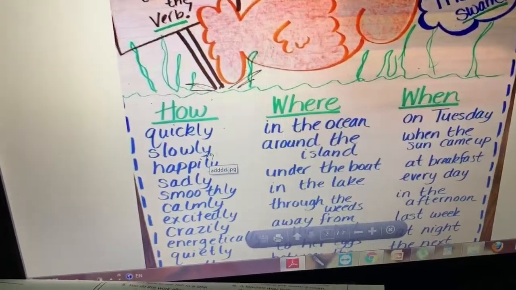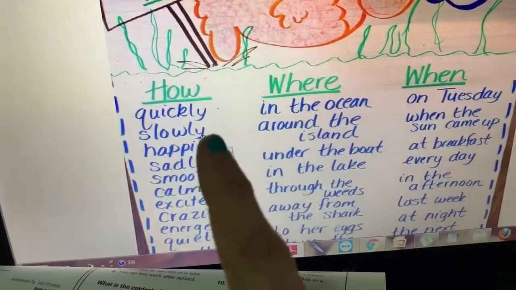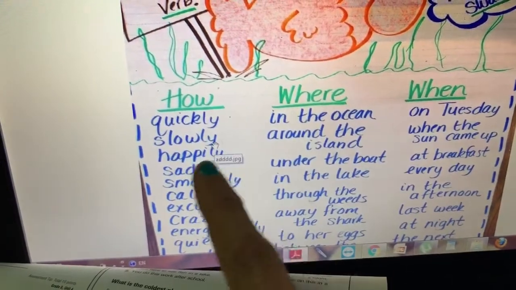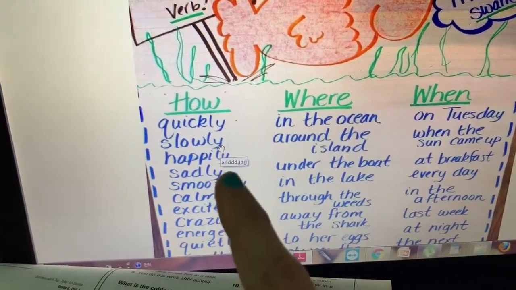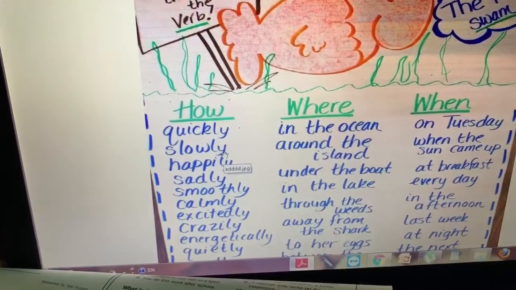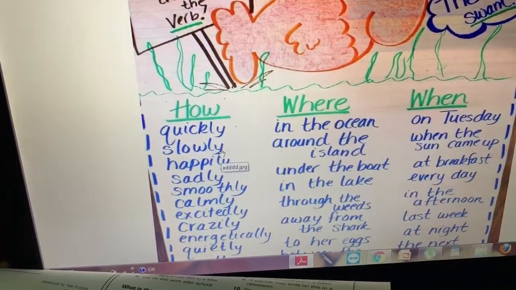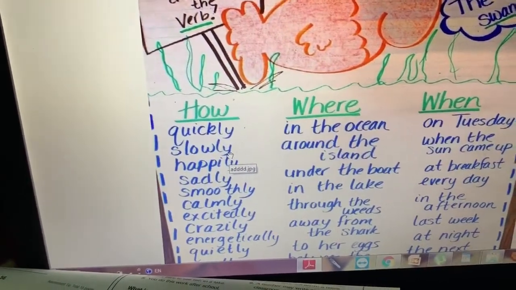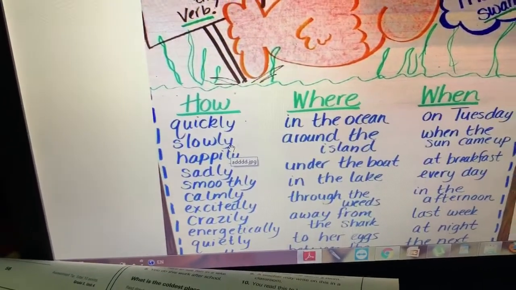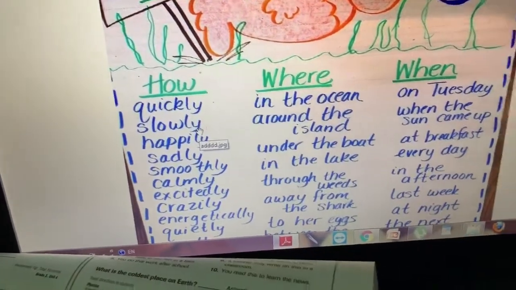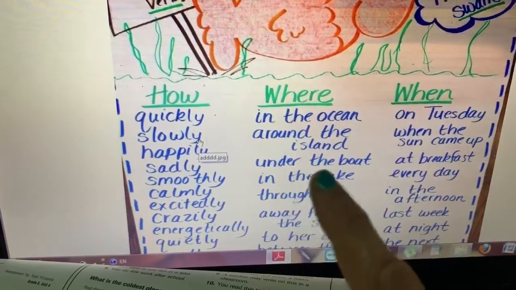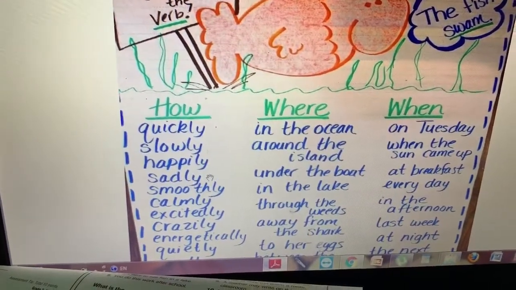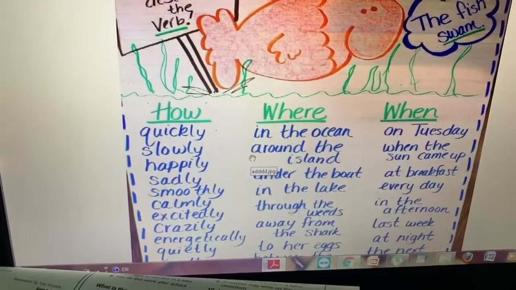Okay, look at these words. All these adverbs of manner end with ly. Quickly, slowly, happily, sadly, calmly, excitedly, crazily, energetically, quietly. Where? In the ocean, around the island, under the boat, in the lake, through the weeds, away from all these.